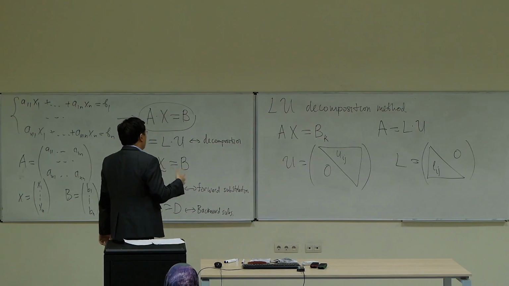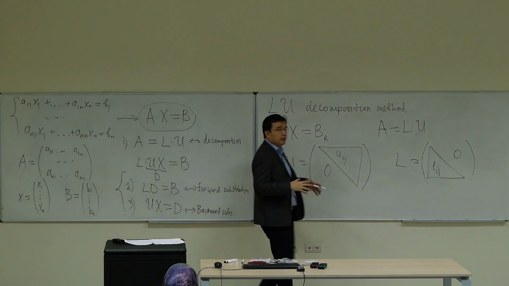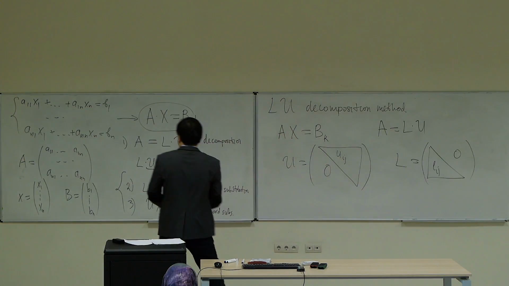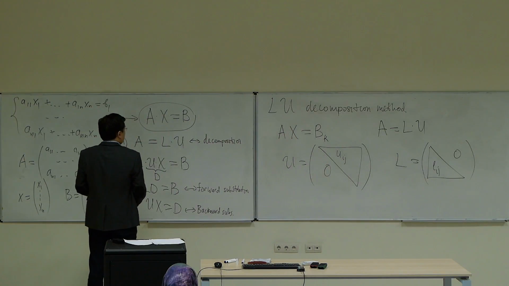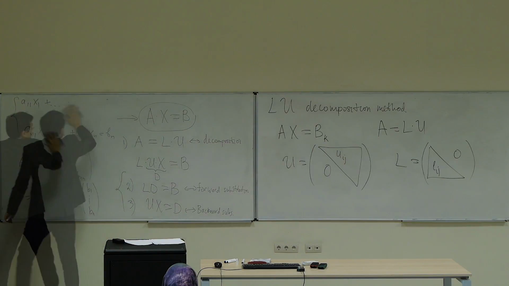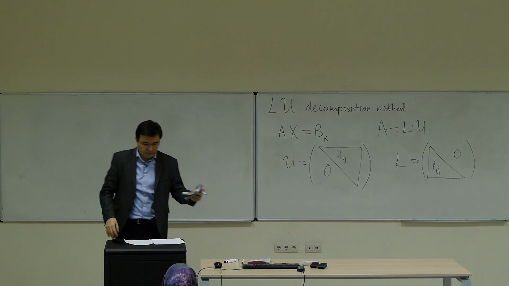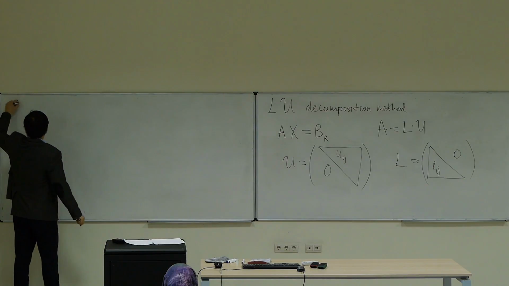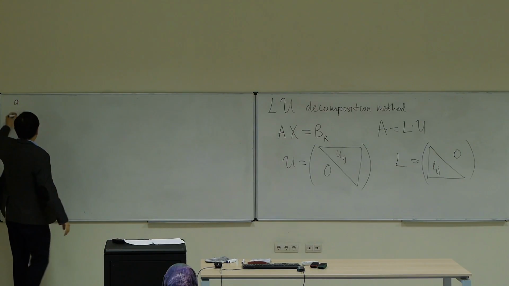Okay, let's see how we can do it in practice. Right now, it sounds maybe a bit too theoretical, too abstract. Let's see a specific example. I'm going to solve a 3 by 3 system, which is a system of 3 equations with 3 unknowns.